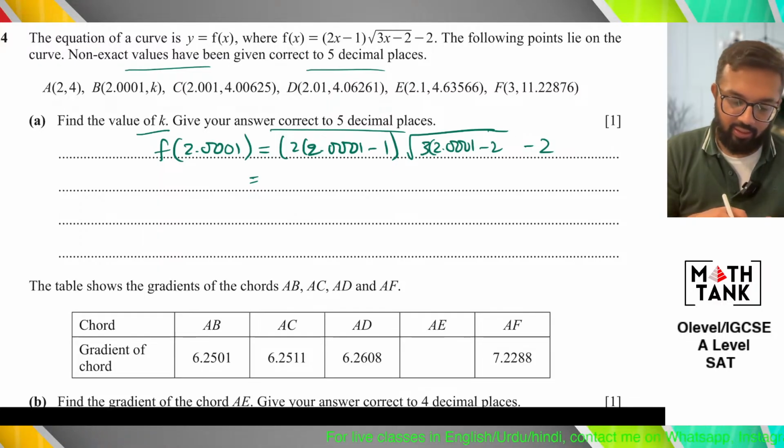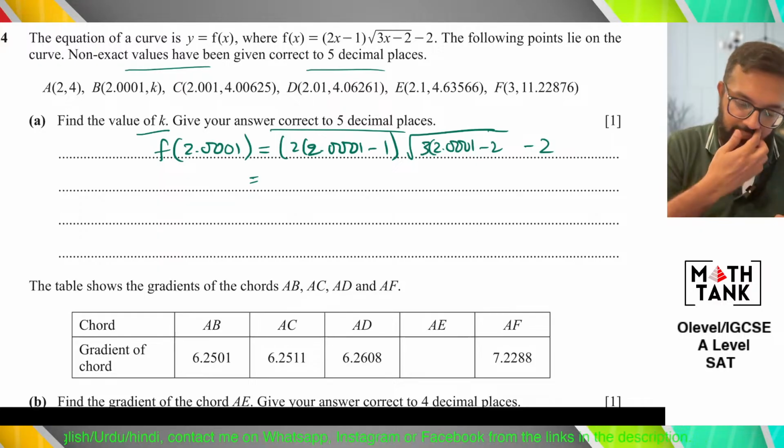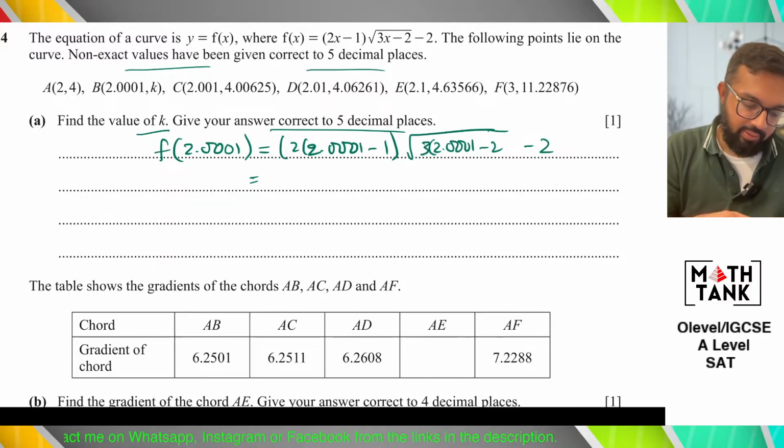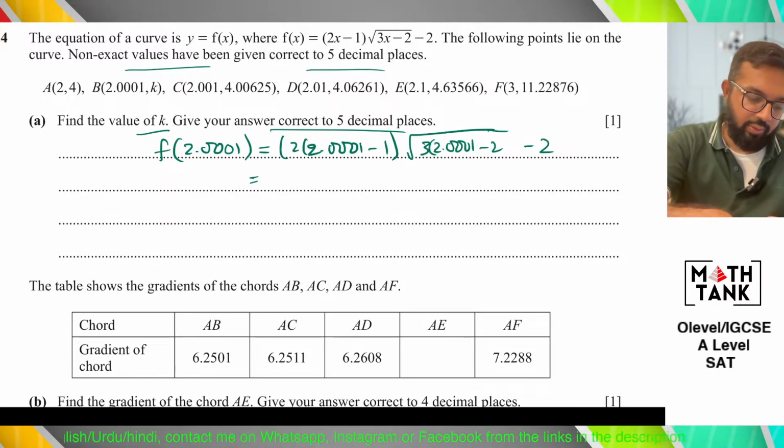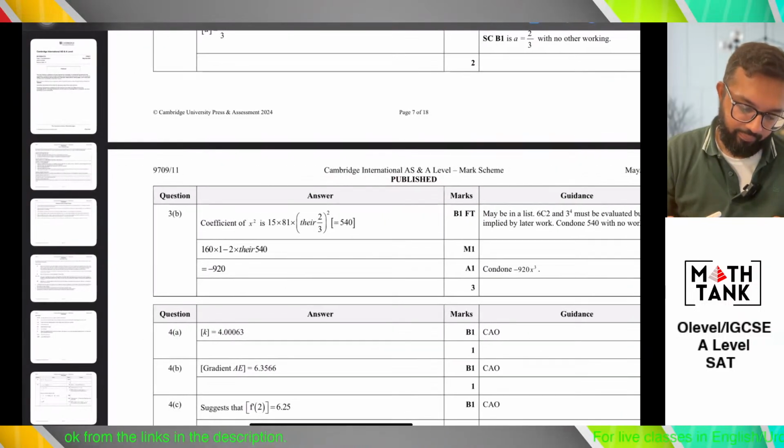Put up brackets and, oh, I think that, yeah, I messed up one of the brackets. Four point. That's correct.